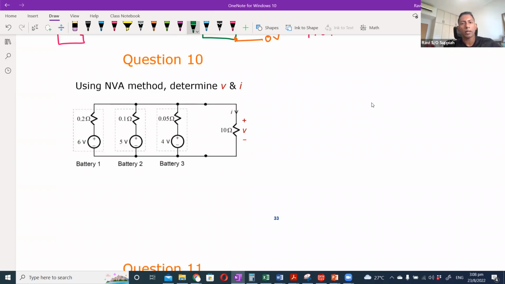Having said that, it's good if your calculator has some features to solve simultaneous equations easily, because during the assessment, you're not allowed to use any online resource.